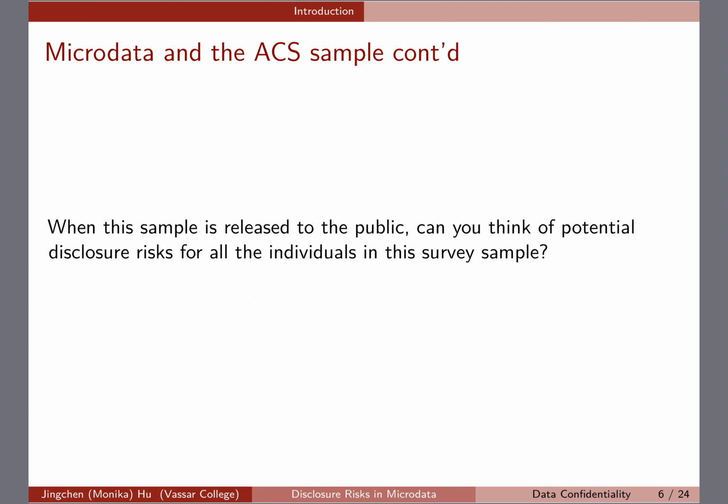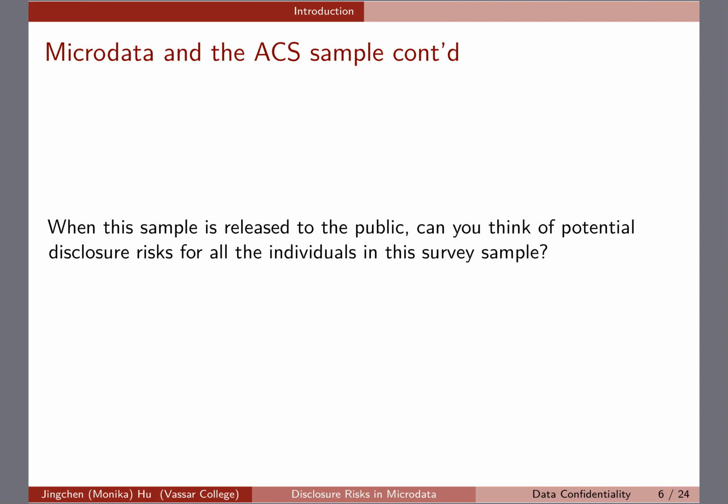Earlier I mentioned that any publicly available data like the ACS are already protected. So unfortunately we're not working with the confidential data. But let's suppose that's the original, and it's about 10,000 people in a particular region, with about 10 attributes or variables of these people. Can you think of potential disclosure risks for all of the individuals in the survey?